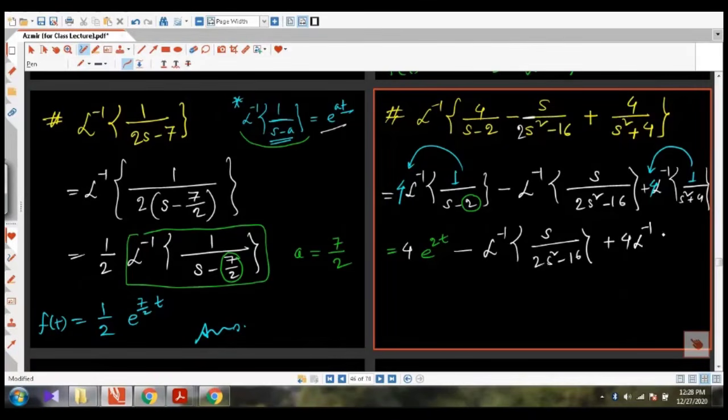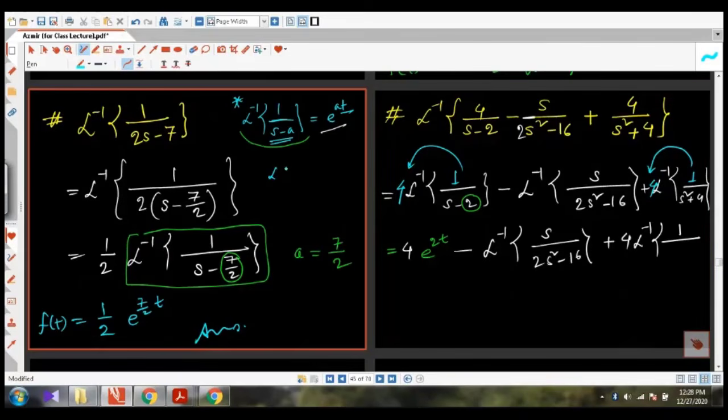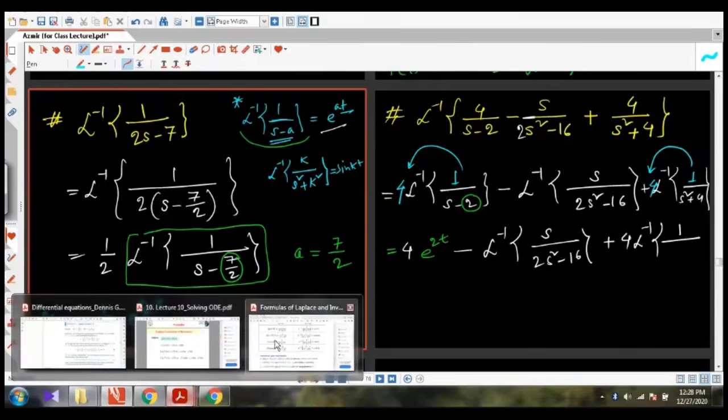Try to understand the formula. The formula says that inverse Laplace of k over s squared plus k squared will be sine kt. Right?